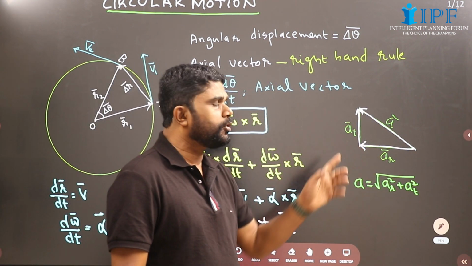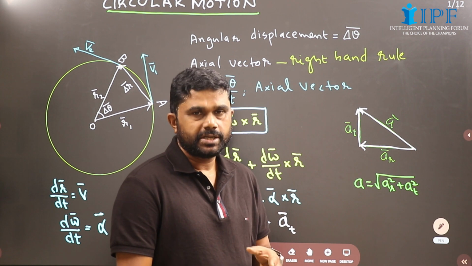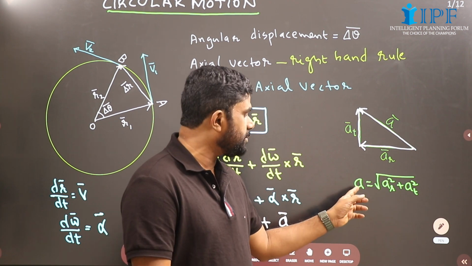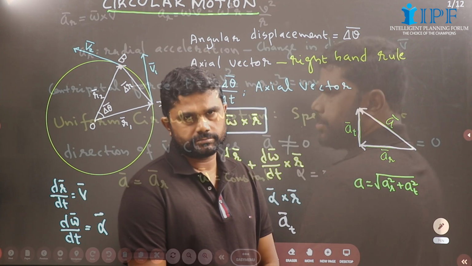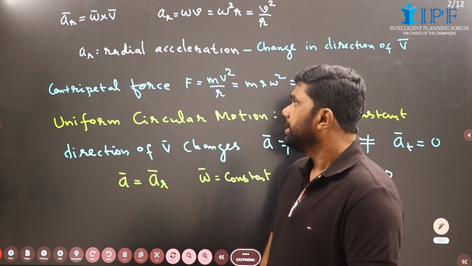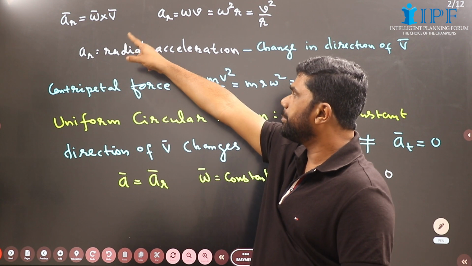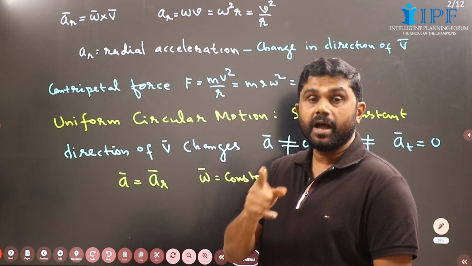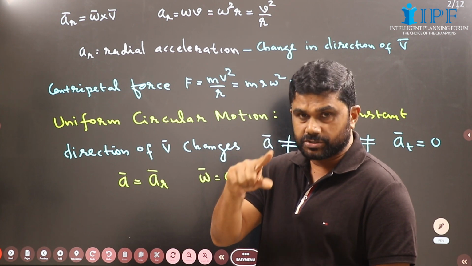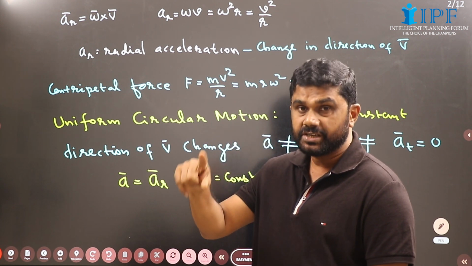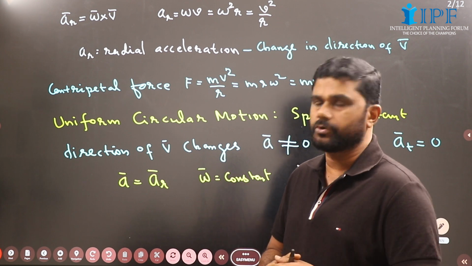As these two components are perpendicular to each other, the resultant acceleration will be A equal to under root A_R square plus A_T square. Now see, radial acceleration A_R equals omega cross V. Omega and V are perpendicular. So omega cross V will be omega V sine 90, so it is omega V only.